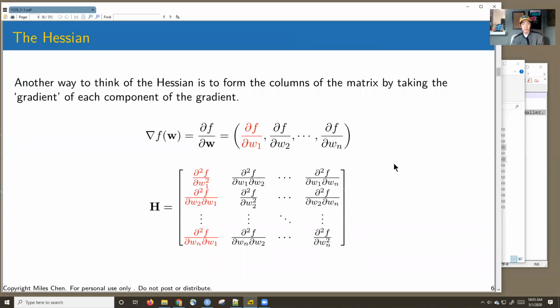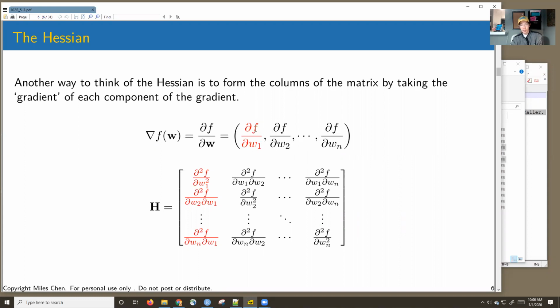If we take a closer look at the gradient and the Hessian, here f of w is a multivariate function that outputs a single scalar, a single real number. When you take the gradient of that with respect to a vector w with n components, it's going to be the vector of partial derivatives.